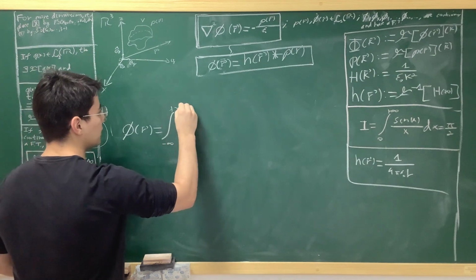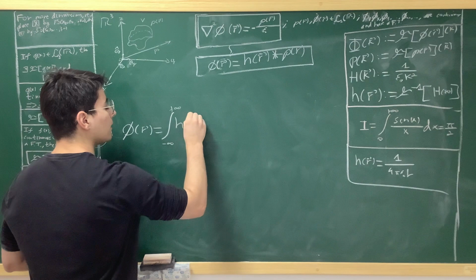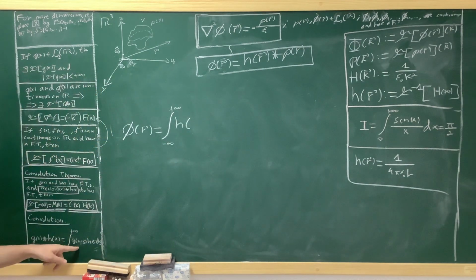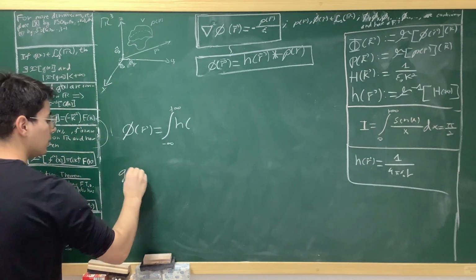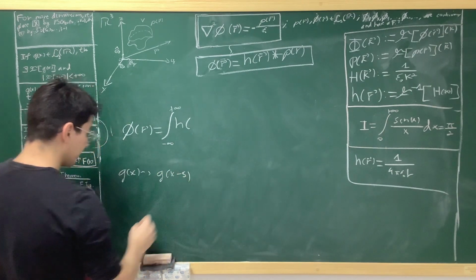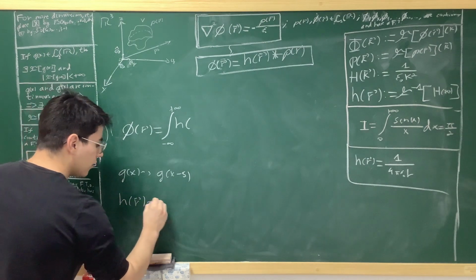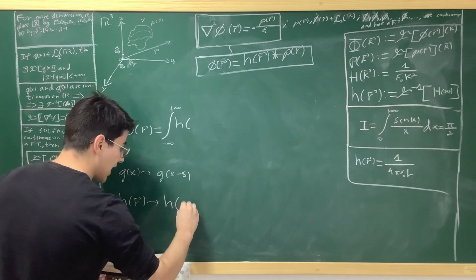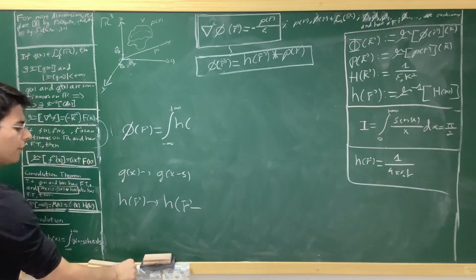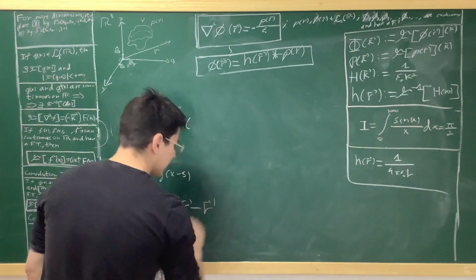Integral from minus infinity to positive infinity of the first function, in this case h, evaluated at, well, if it was in one variable, x goes to g of x minus s. In this case, we can call it h of r goes to h of r minus, and this new vector we're going to denote as r prime.